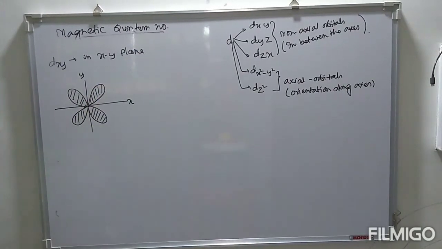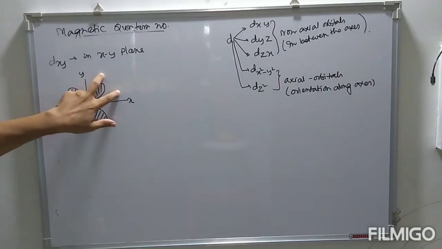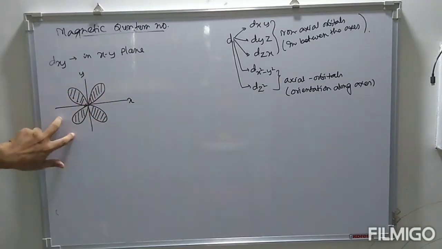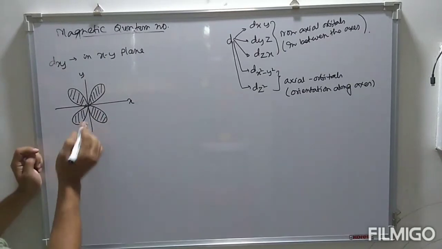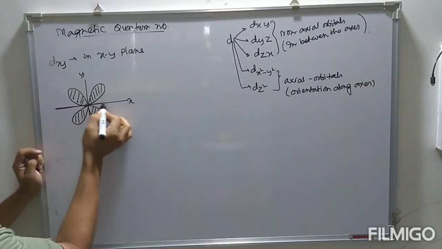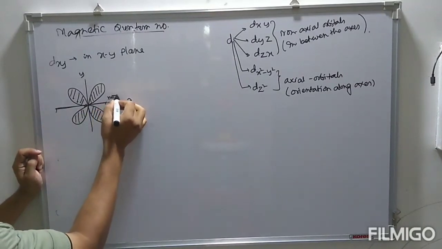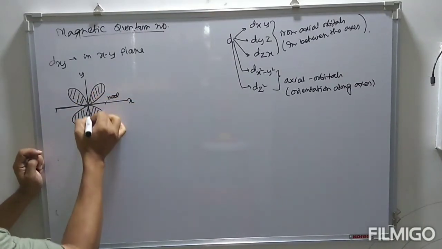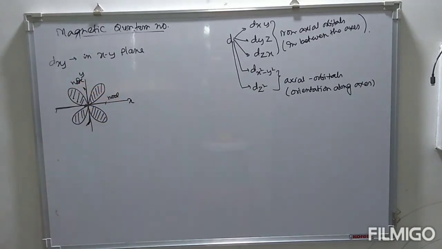This orientation is actually 45 degrees to x as well as y. So this is xy plane. This doesn't have orientation along the axis. This plane, the probability of finding an electron is zero, this is a node, and again this plane is a node. We have two nodal planes here.